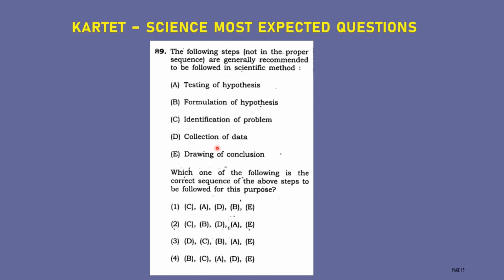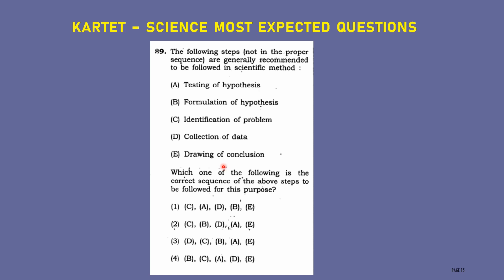Then next one, testing of hypothesis, whether depending upon the hypothesis you followed, you can solve the problem or not. You have to test the hypothesis. Next one, drawing of conclusion. Later you can draw the conclusion, depending upon all the data and the proper hypothesis, how you can solve a particular problem.